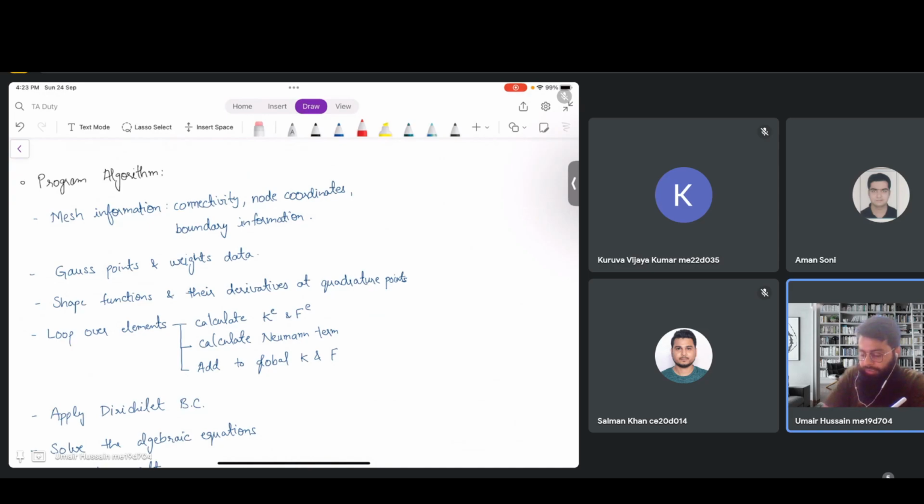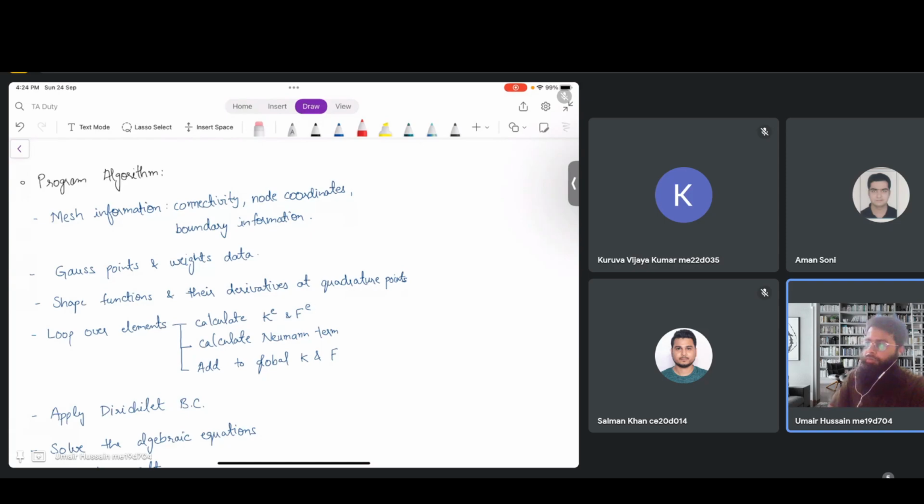Then we'll have the shape function that we will use. It depends on the type of element we are using. We'll have the corresponding shape function for that, and also the derivative. And these should be calculated at the quadrature points, because at the end of the day, we're going to solve the integrals, for which we are going to use the Gauss quadrature rule.